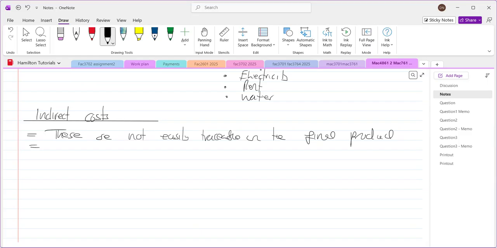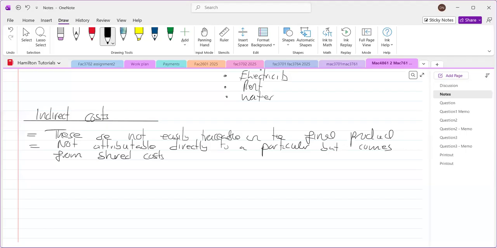In other words, we're saying these are not directly attributable to a particular product. But it comes from shared costs with other products.